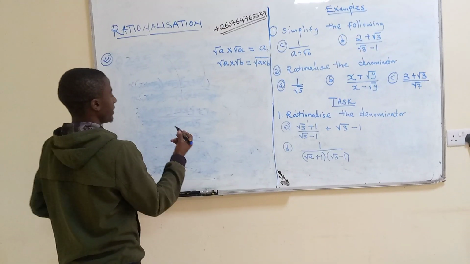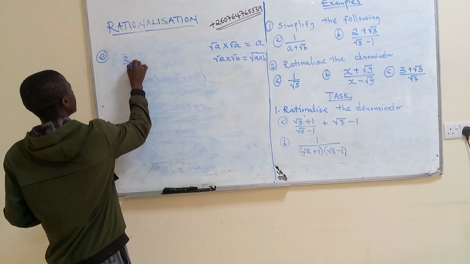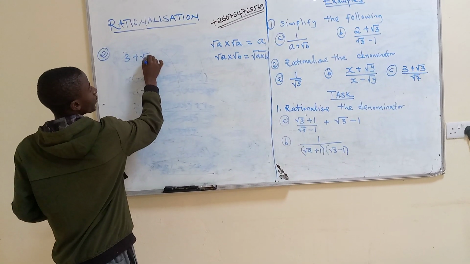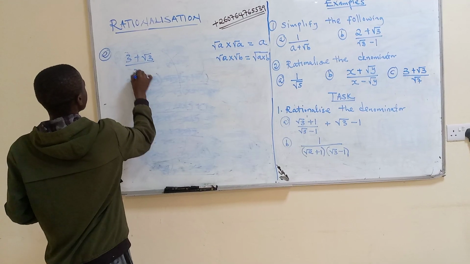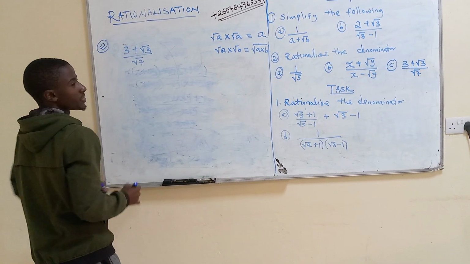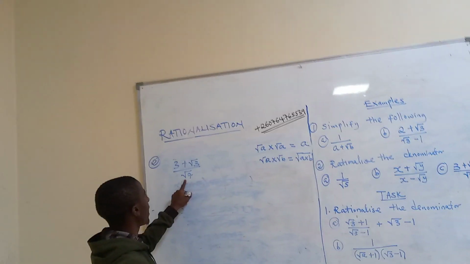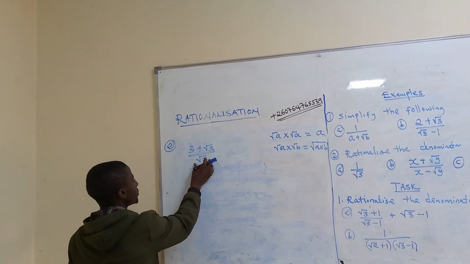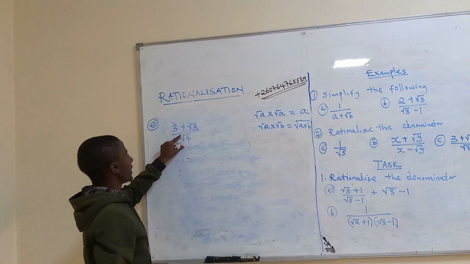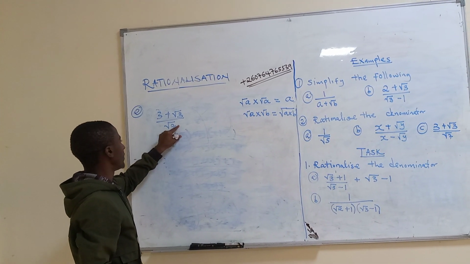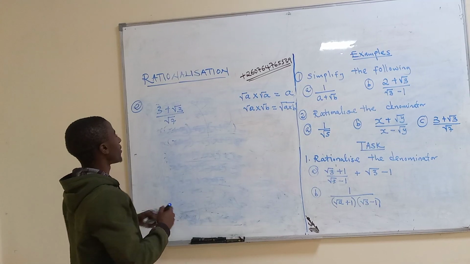So we have been given our C to be 3 plus square root of 3 over square root of 7. To conjugate, like I said, you have to bear in mind that we don't put any sign, just simply get the way it is, and multiply with the denominator and the numerator.